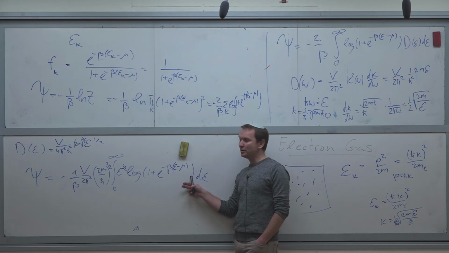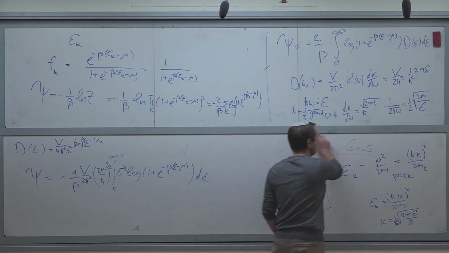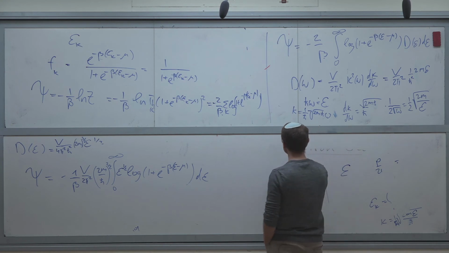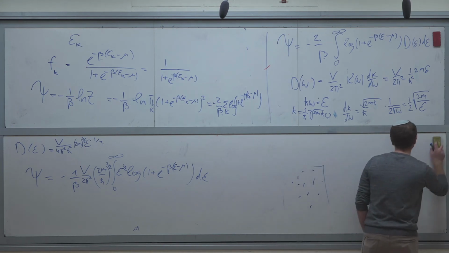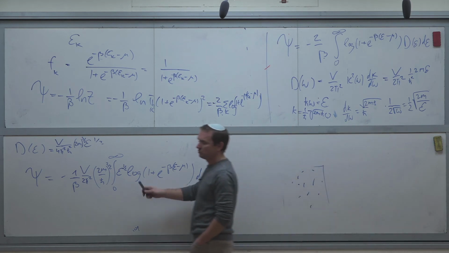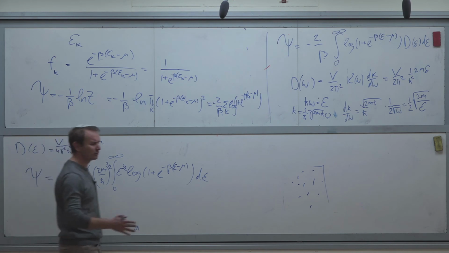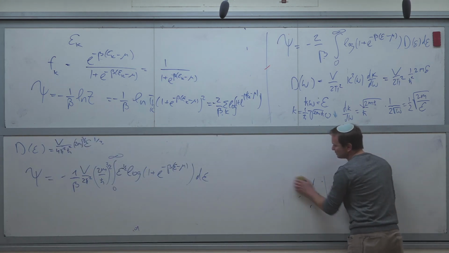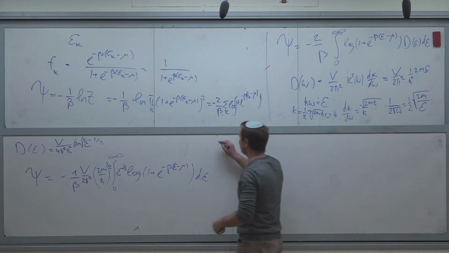But we can actually do a little bit better by using our physical and mathematical intuition. For example, if we want to compute the average number of particles, okay? So one way, as I mentioned, is to take this grand canonical potential and take the derivative with respect to the chemical potential mu, and as we have seen, it will give us something that is related to the average number of particles.